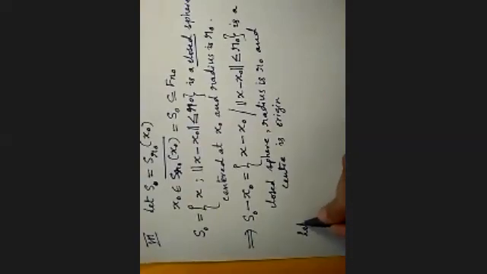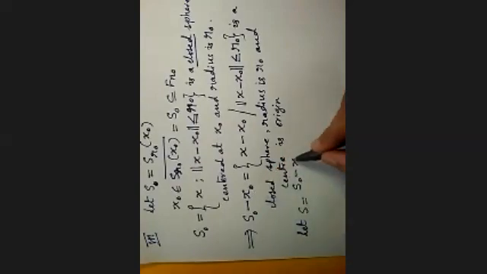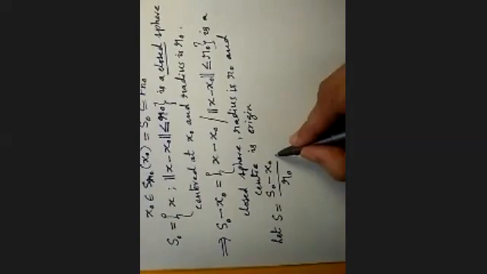Now, we'll divide by r naught. Let S be equal to S naught minus x naught, divided by r naught. What is this equal to now?